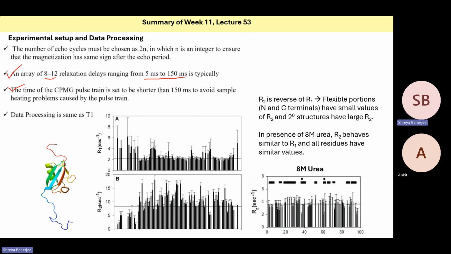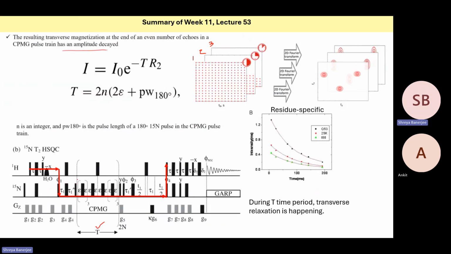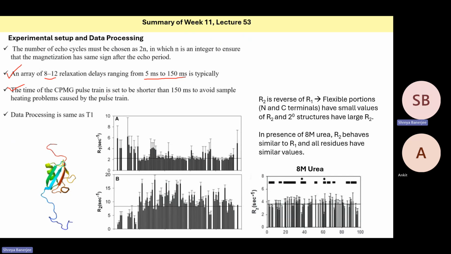And the reason is that this pulse sequence causes heating of the sample. But we don't want the sample to be destroyed because NMR is a non-invasive technique. So we limit the maximum capital T to 150 milliseconds so that the sample does not heat up too much. Rest is more or less similar to T1.